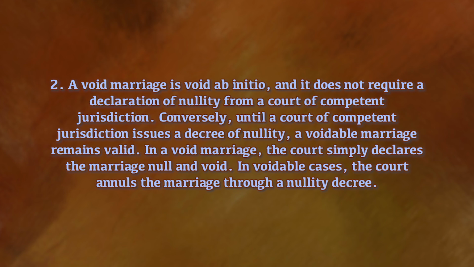A void marriage is void ab initio, and it does not require a declaration of nullity from a court of competent jurisdiction. Conversely, until a court of competent jurisdiction issues a decree of nullity, a voidable marriage remains valid. In a void marriage, the court simply declares the marriage null and void. In voidable cases, the court annuls the marriage through a nullity decree.